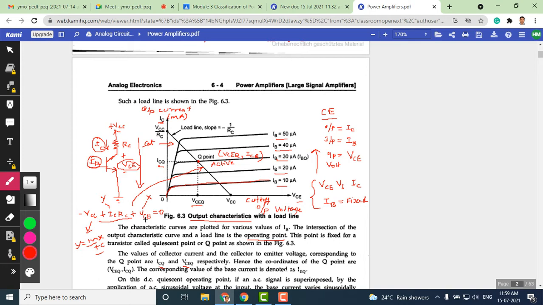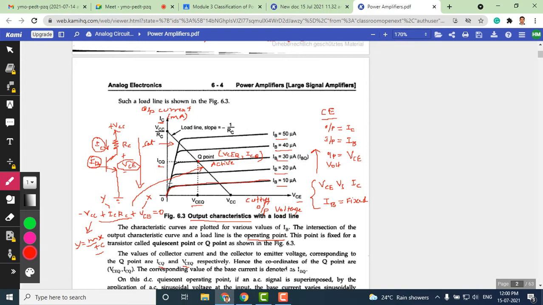That gives us this equation, whose x and y coordinates resemble the coordinates of this characteristics, which are VCE and IC. So this KVL equation is nothing but a straight line equation. We can rearrange the terms in the form y is equal to mx plus c, y being IC and x being the collector emitter voltage. So this straight line can be plotted on the output characteristics, since the x and y coordinates are the same.